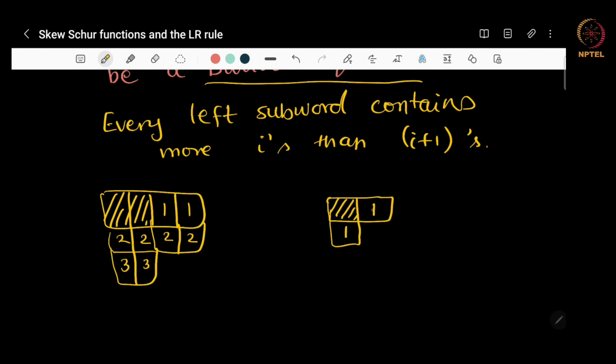The filling with both ones is a ballot sequence, because when I read it, I just get 1, 1. Or if I put 1, 2, then that's also a ballot sequence. But observe 1, 3 would not be a ballot sequence, because I would see more 3s but no 2s.